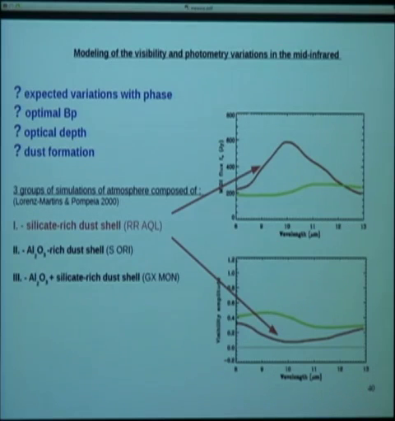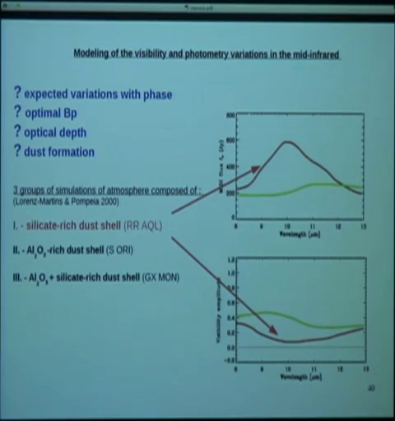In red, on the top, you can see flux versus wavelength. The bottom plot is visibility amplitude versus wavelength. The red is a typical flux and visibility of a star with a silicate-rich dust shell.